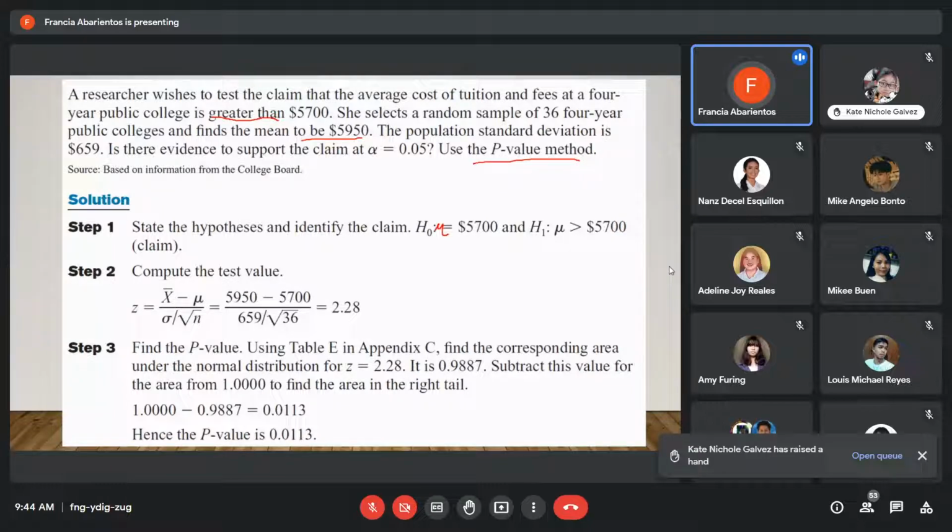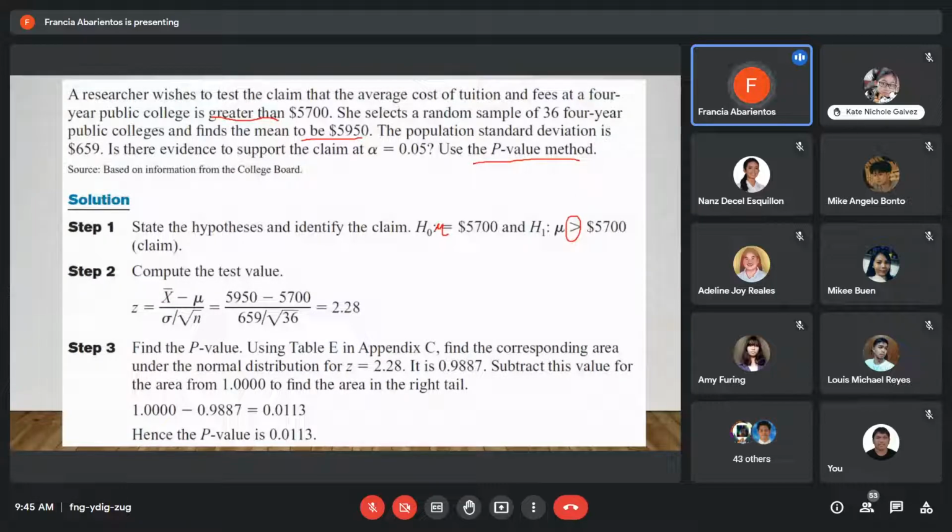And the alternative hypothesis, since the problem involves greater than, we have now greater than. So this is now a right-tail test.